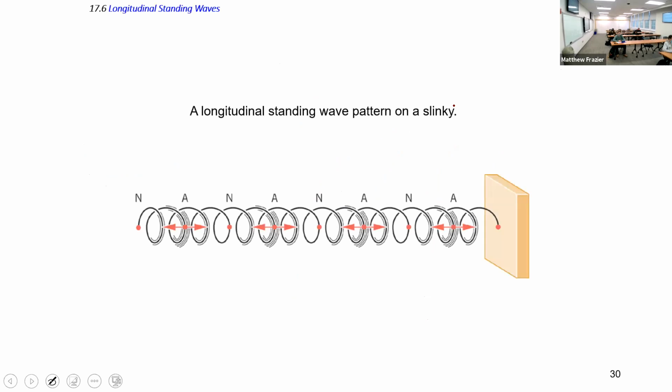So this is where we're going to get into sound. The example we gave with the string is a transverse wave. The string obviously moves side to side, not along its length. But there's no reason why you couldn't set up standing waves in a longitudinal medium, like sound.